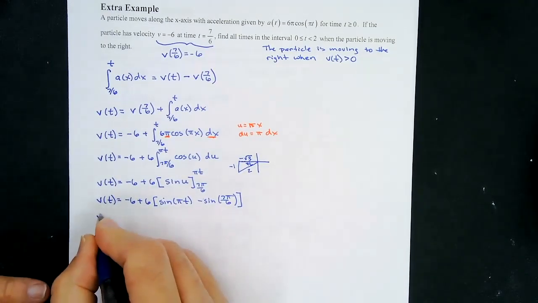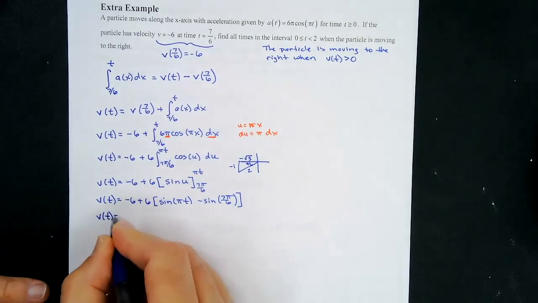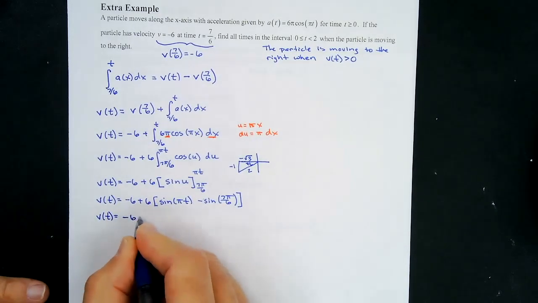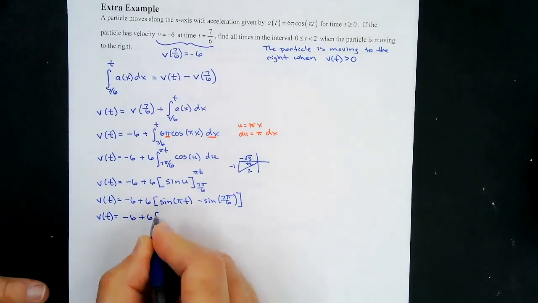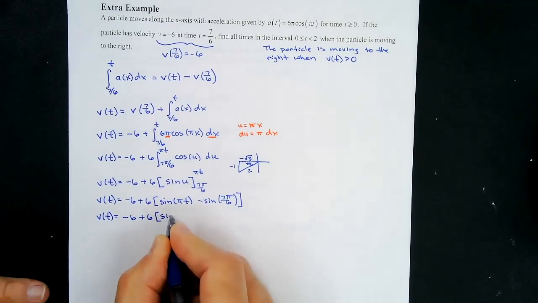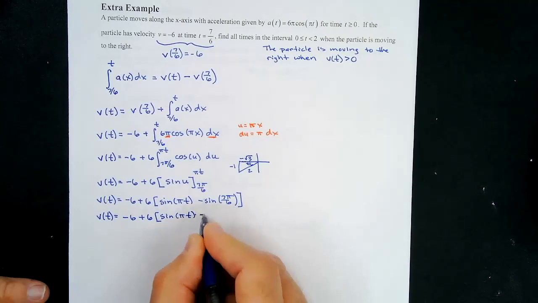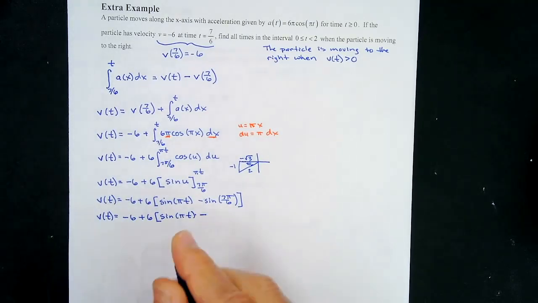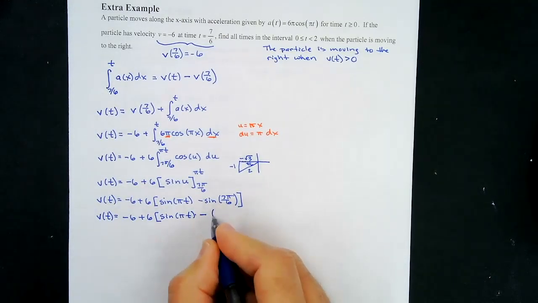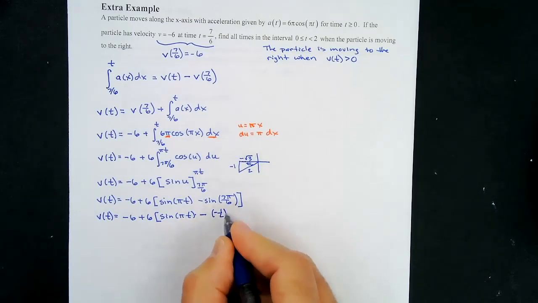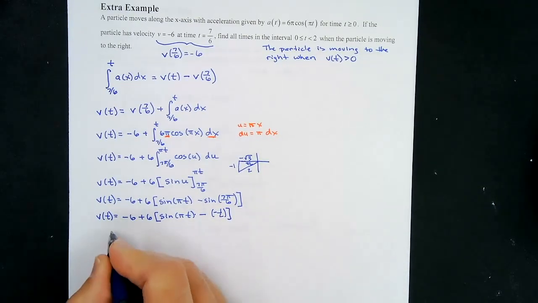So that makes v of t equal to -6 plus 6 times sine of pi t minus -1/2, right? Okay, so that's cleaning this up for v of t.